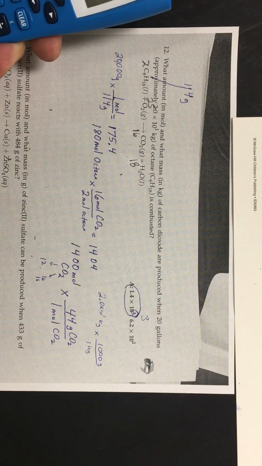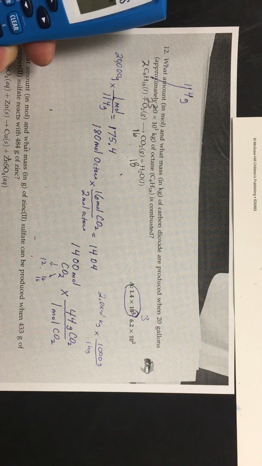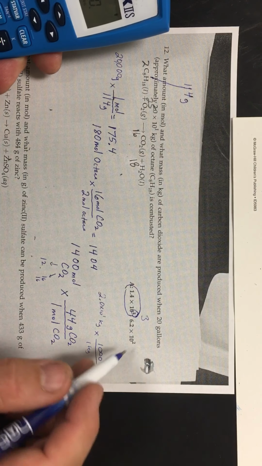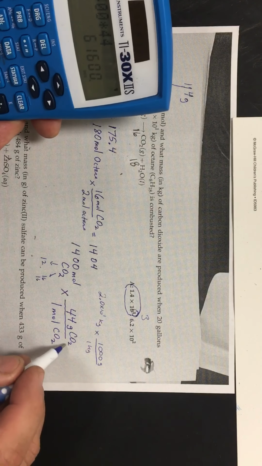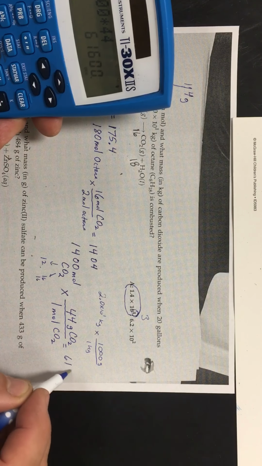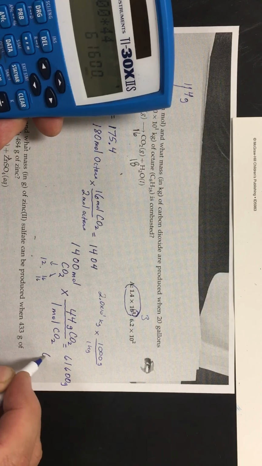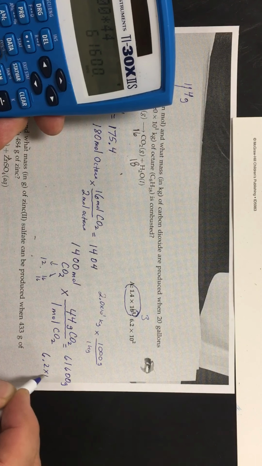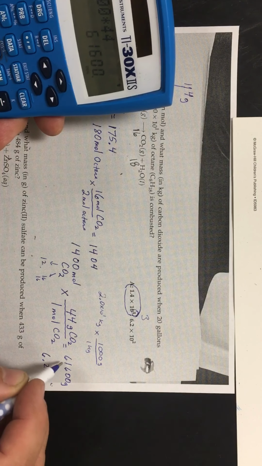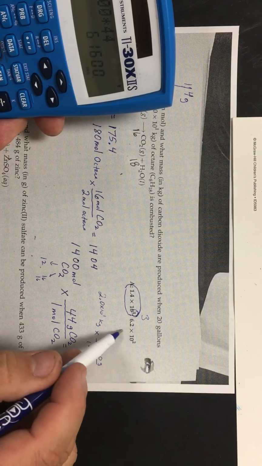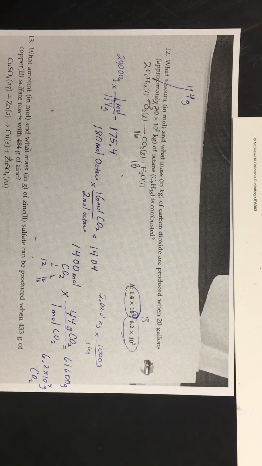So 1,400 times 44 gives me 61,600 grams of CO2. So I could say 6.2 times 10 to the 4th power grams of CO2. But again, that's a little bit off there for some reason. I'm just not sure why that would be.